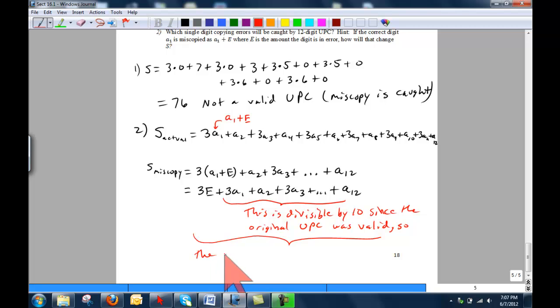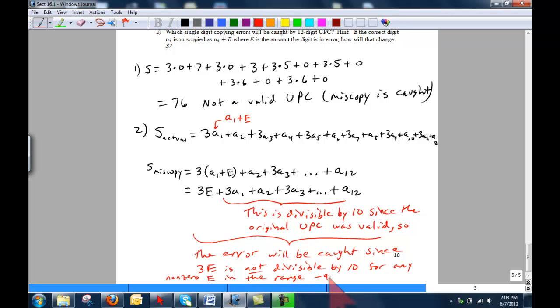So the error will be caught since 3E is not divisible by 10 for any non-zero E in the range -9 to +9.